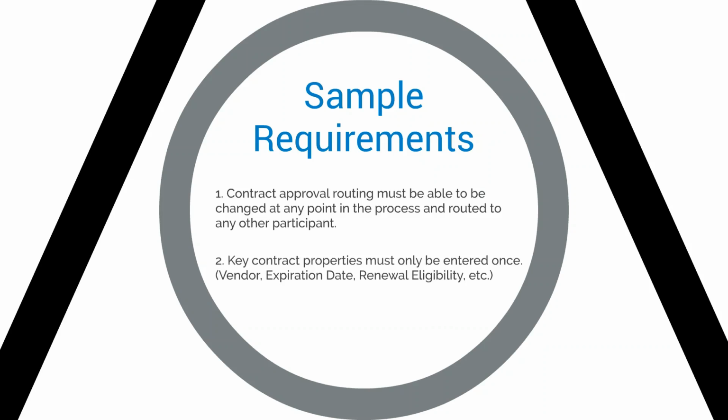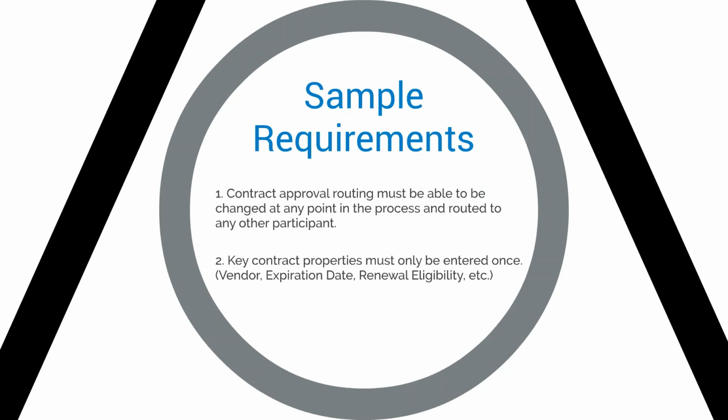Another example might be a little bit more specific, and might include something that I know for sure I will be able to implement in the software. This one says key contract properties must only be entered once.